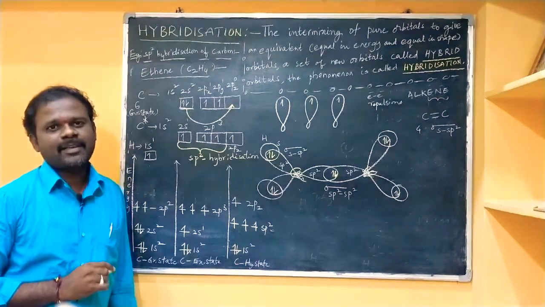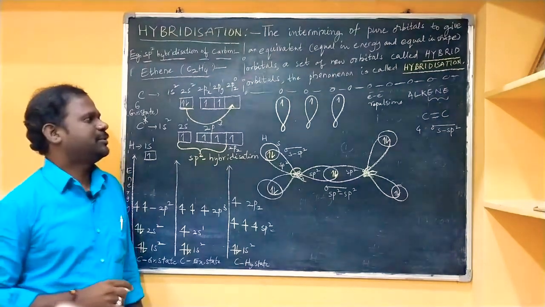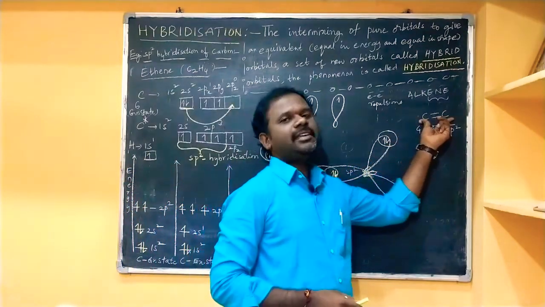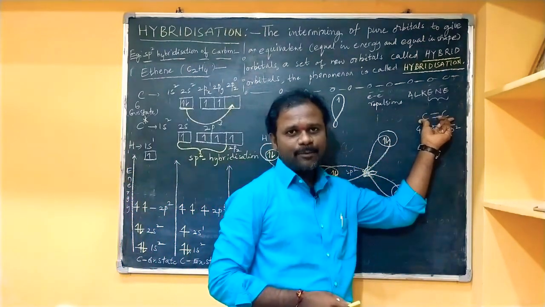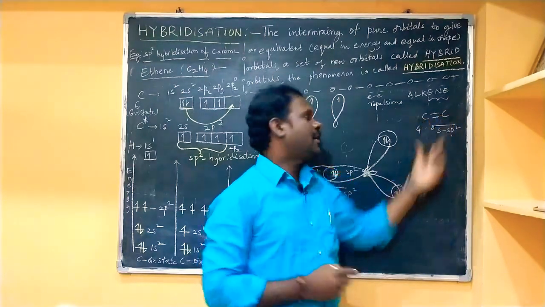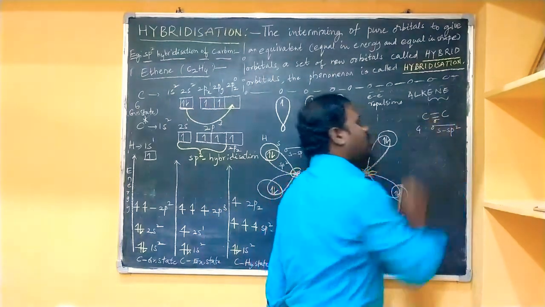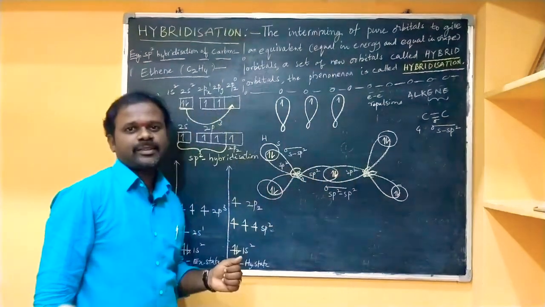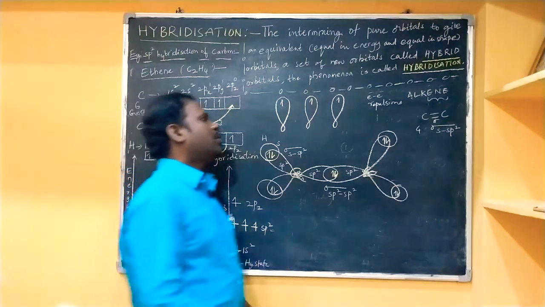Here there is a notice: in ethene there is a double bond between the two carbons. One of the bonds is a sigma bond, by the overlapping of sp2 and sp2. Another bond is a pi bond.